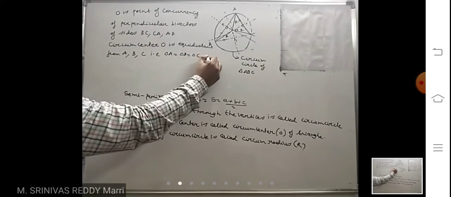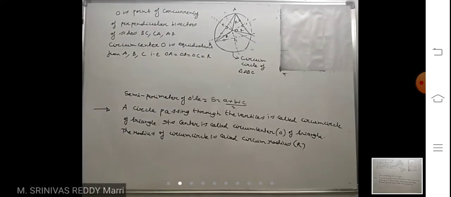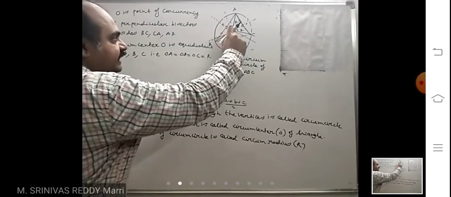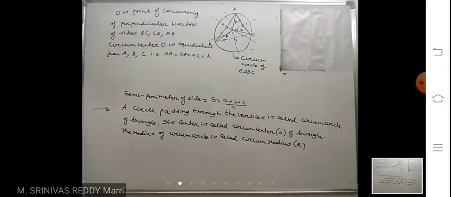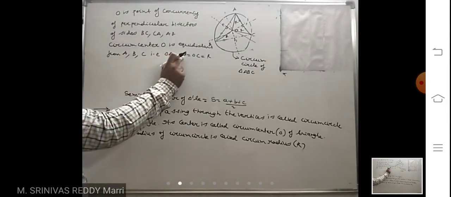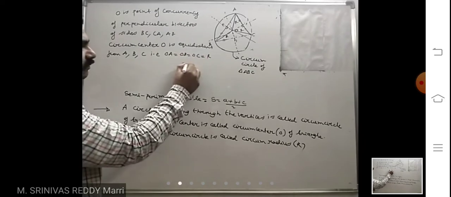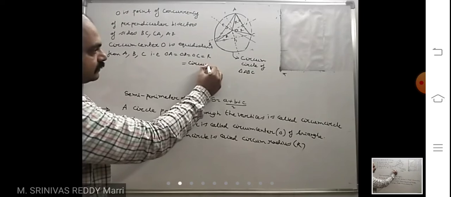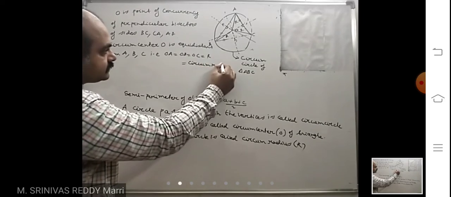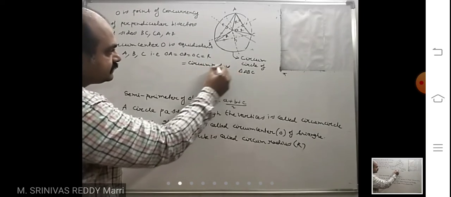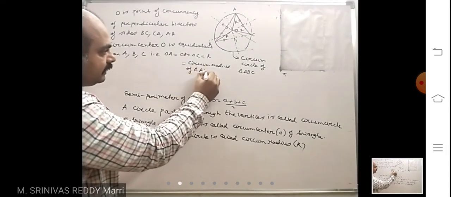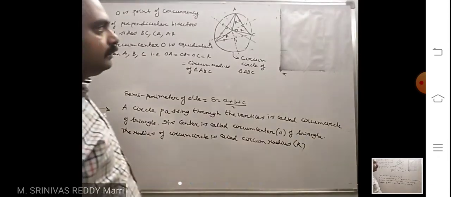This is nothing but R. That means the center of the circle will be equidistant from all the vertices of the triangle. OA equal to OB equal to OC equal to R. R is called the circumradius of triangle ABC. Right?